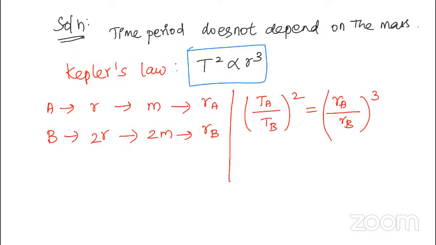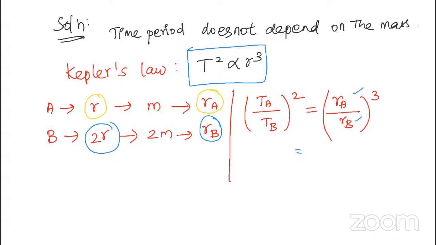Next, we substitute the values: for RA it is r, and for RB it is 2r.